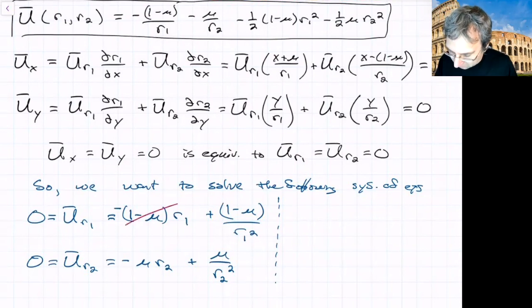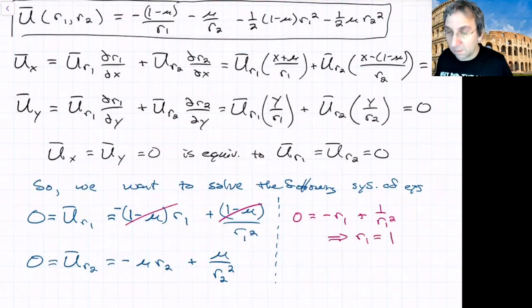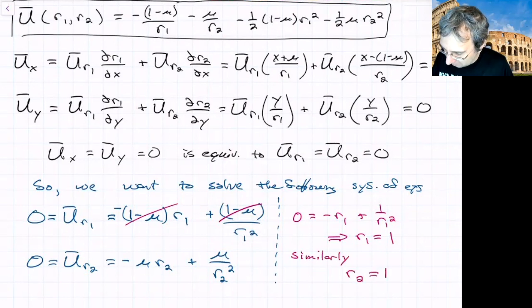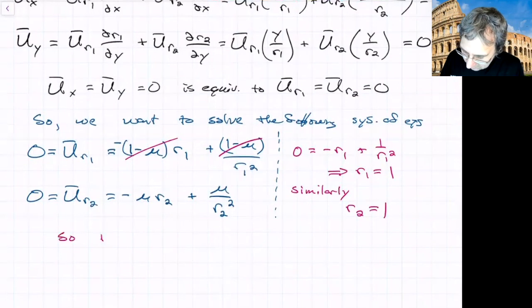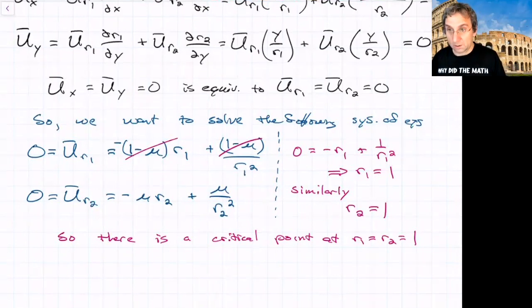So we could just sort of cancel out that. And so we've got 0 equals minus R1 plus 1 over R1 squared. Move the R1 over, some of the R1s cancel, and we get that R1 has to be 1. And for this other one, similarly, we get that R2 needs to be 1. So there is a critical point at R1 equals R2, both equal to 1.